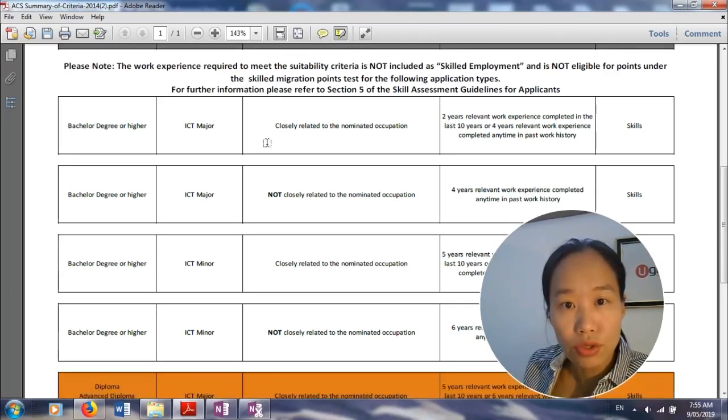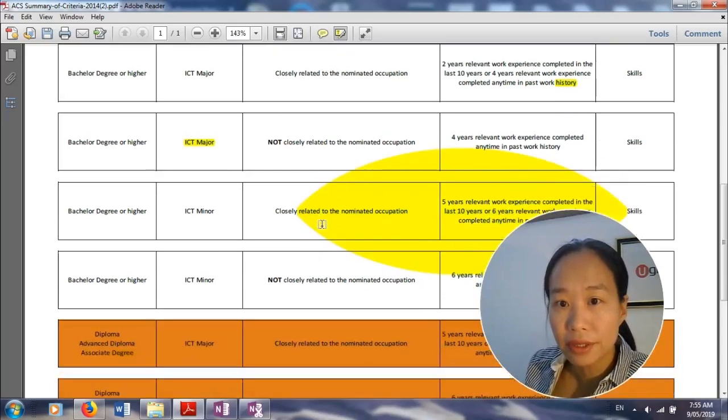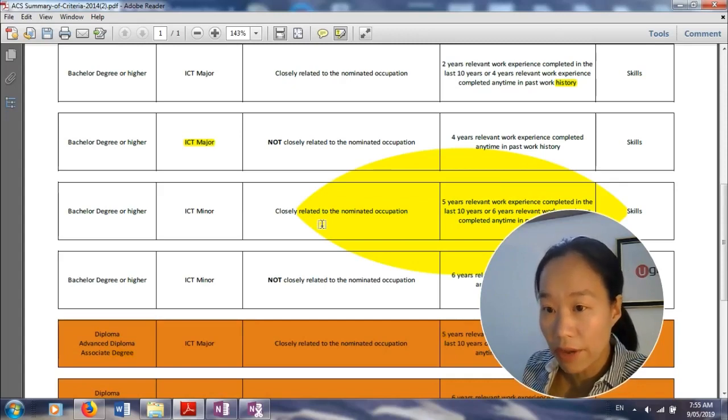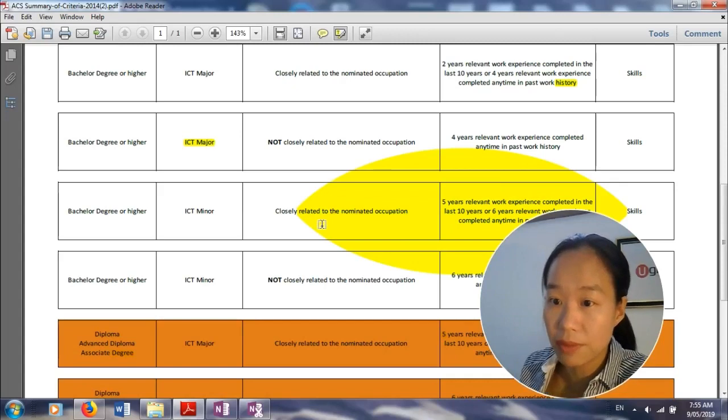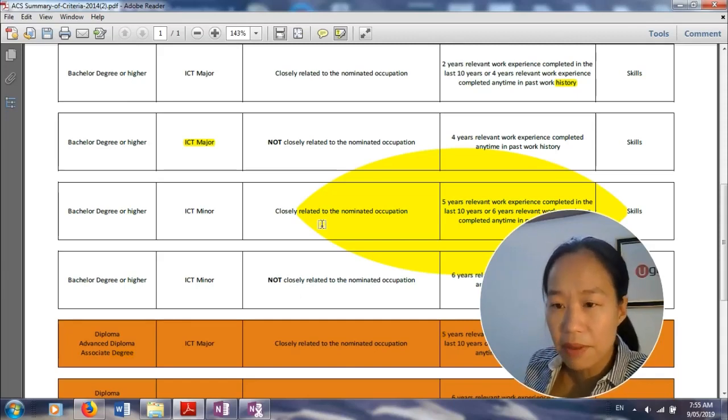If you have been doing an occupation, although you're an ICT major, but the occupation itself is not very close, it has to be close. It has to be in the IT industry, but probably not just web designer. You might be related to something like graphic design, maybe not graphic design, maybe programming. It's in your industry, but it's not very close.